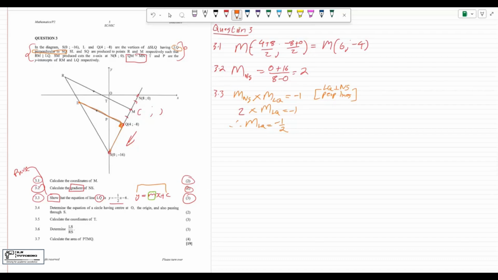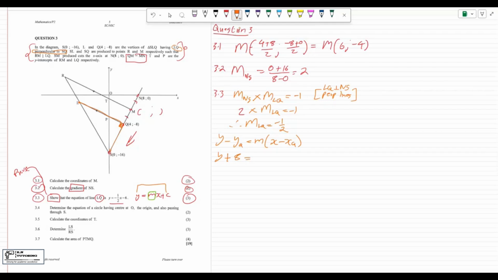I prefer this formula, y minus y at Q is equals to m into x minus x at Q. Substitute y minus y at Q is -8, so this would be +8.